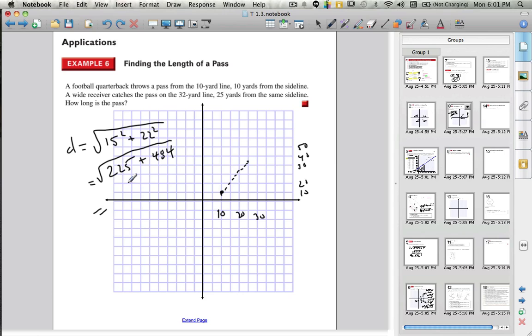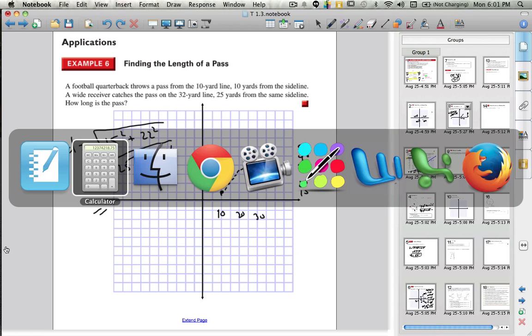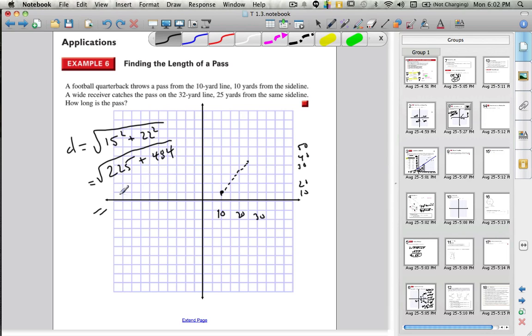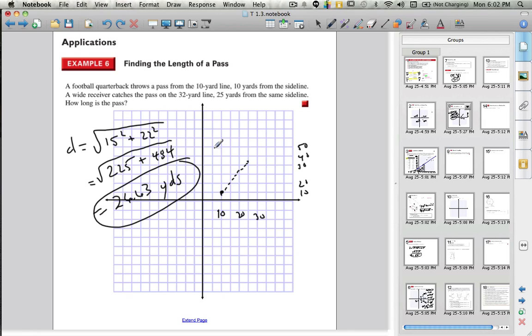If I want to find the sum of those things, I'm going to add them together, and then I'm going to take the square root. So, 26.63 yards. That's how far this pass was, 26.63 yards.